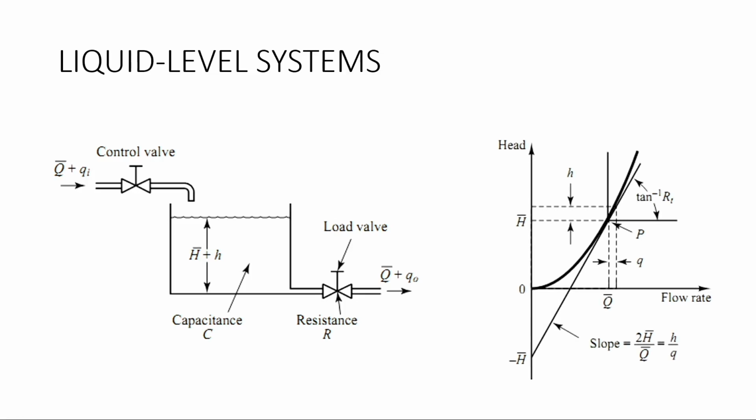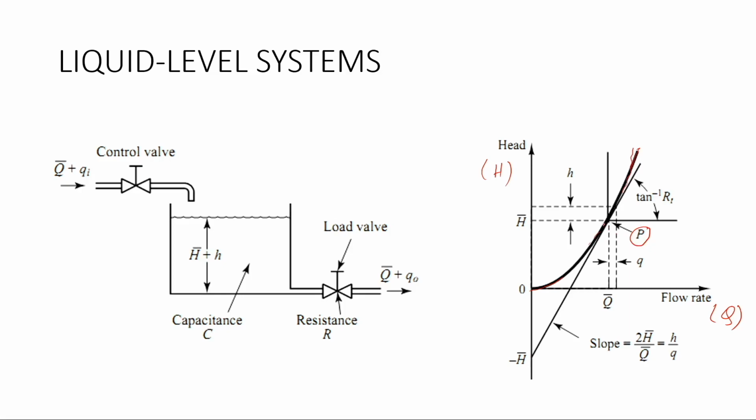So, you can see here this head versus flow rate. This is head, means this is your H, and flow rate means Q. You have to draw the graph of head versus flow rate, and you can see this is clearly non-linear. This is because of the turbulence in this flow, and from this graph you can see P is the operating point.